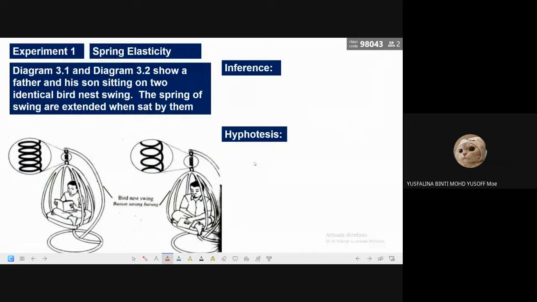So this is the experiment we will do in the school. Diagram 3.1 and 3.2 show a father and his son sitting on two identical bird nest swings. The springs of the swing are extended when sat on by them. So what is the inference? For an inference you must have the word influence or depend.